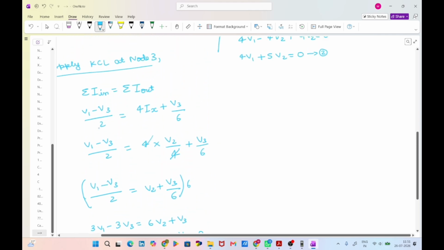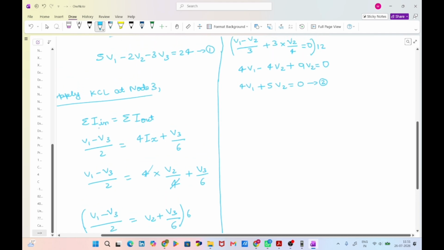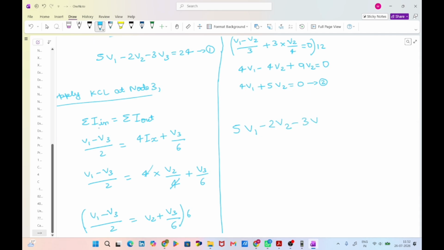Let us write equation 1, 2 and 3 here. Equation 1: 5V1 minus 2V2 minus 3V3 is equal to 24. Equation 2: 4V1 plus 5V2, we can write plus 0V3, is equal to 0.